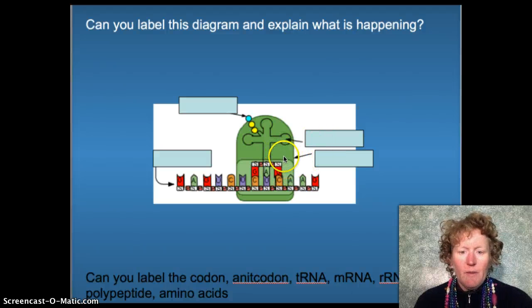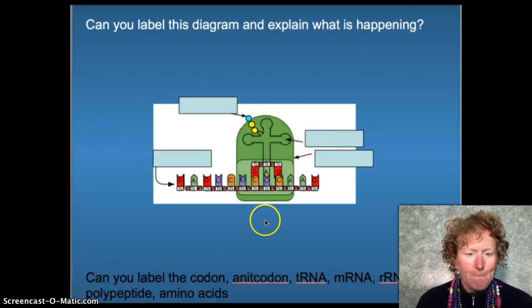This green glob here is the rRNA, the ribosome. Right here, that's a codon on mRNA. This, of course, is the mRNA with the codon, and the anticodon is on the tRNA. That's the other side. And this curvy deal, that's the tRNA.